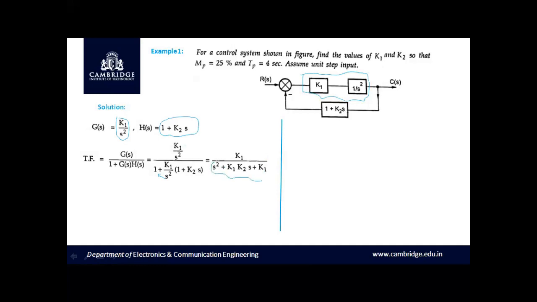Now let us compare the denominator of the characteristic equation with the standard characteristic equation, which is given by S square plus 2 zeta omega n into S plus omega n square.